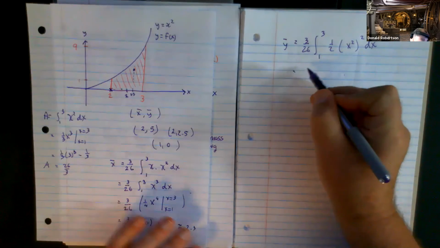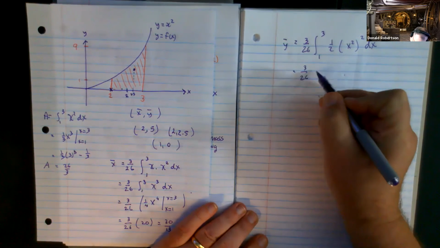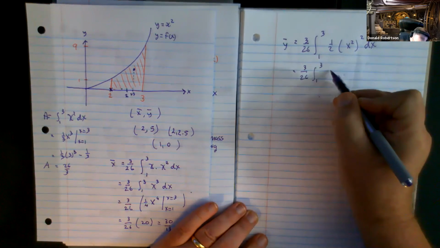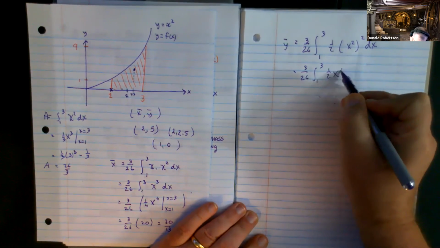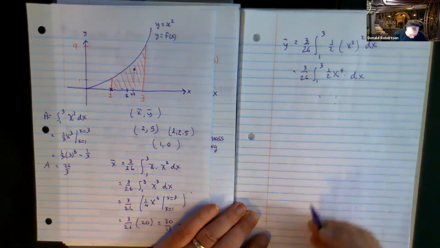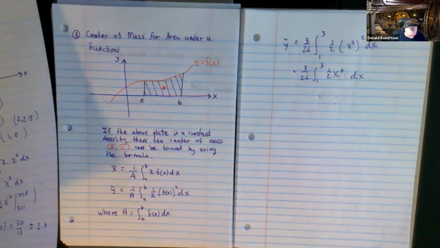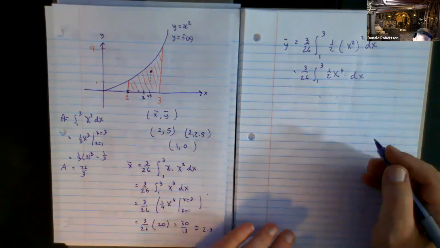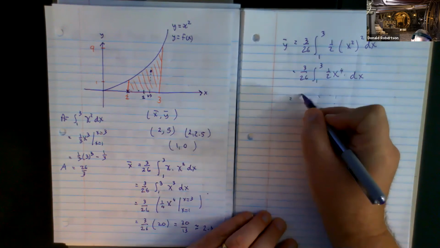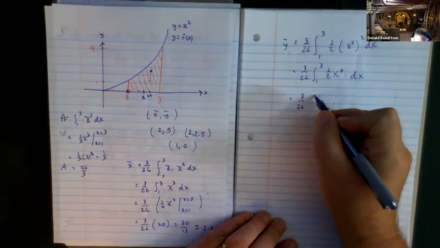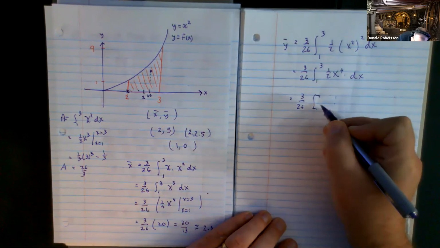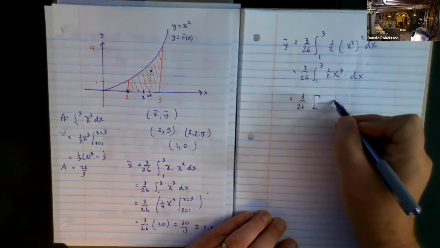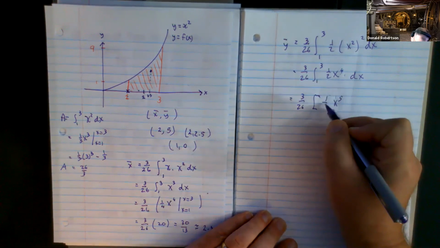So that's going to be 3 over 26, the integral from 1 to 3 of 1/2 x to the 4. Add 1 to the power, divide by the new power.